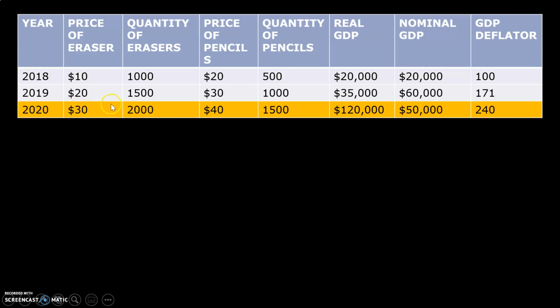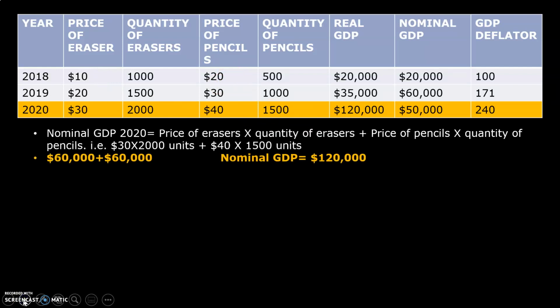So we'll use 30 multiplied by 2,000 and $40 multiplied by 1,500. We'll add both sums together to get the nominal GDP for 2020. But when we want the real GDP, we'll multiply the quantities produced in 2020 by the prices of 2018, and we'll add those two together.